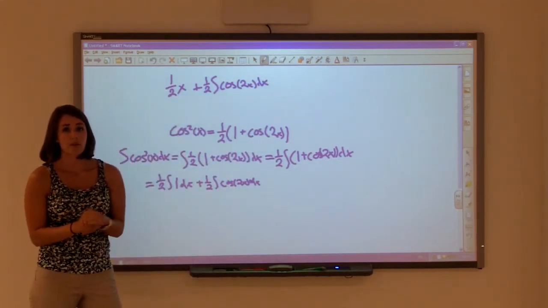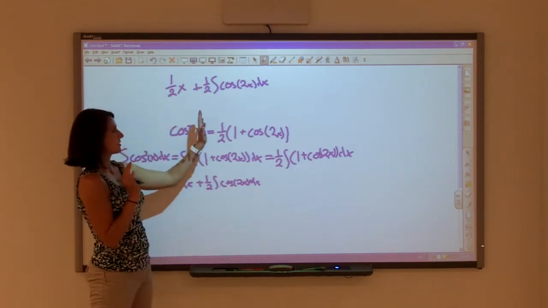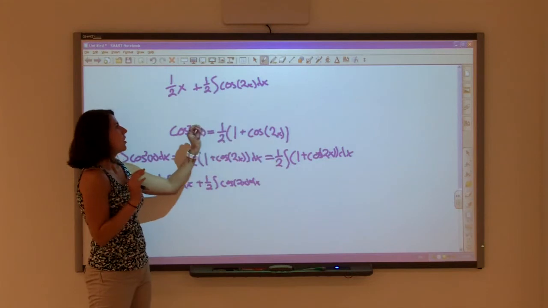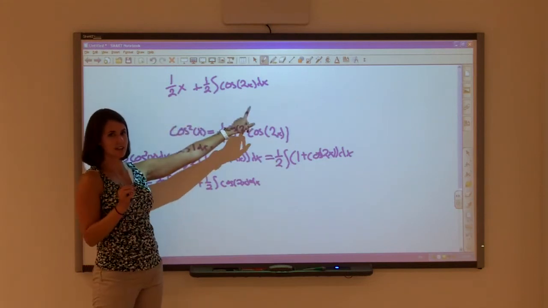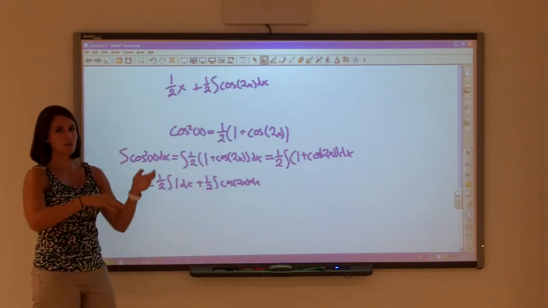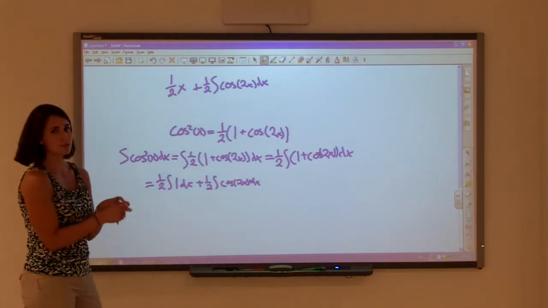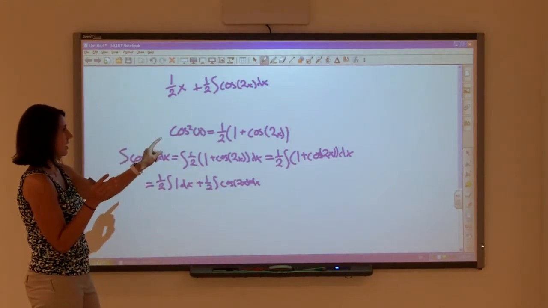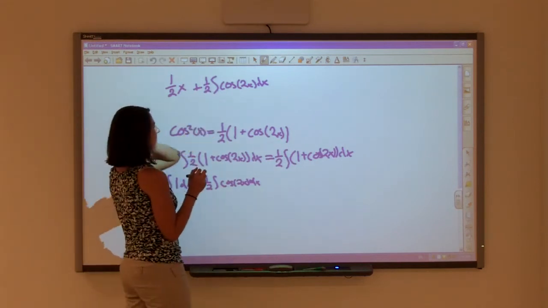So I showed earlier that the integral, or the antiderivative, same thing, of cosine is sine. Well, that is still true, except it's not that easy when you have that 2x in there because of the chain rule. So again, we are referring back to the derivative that will give you this function.